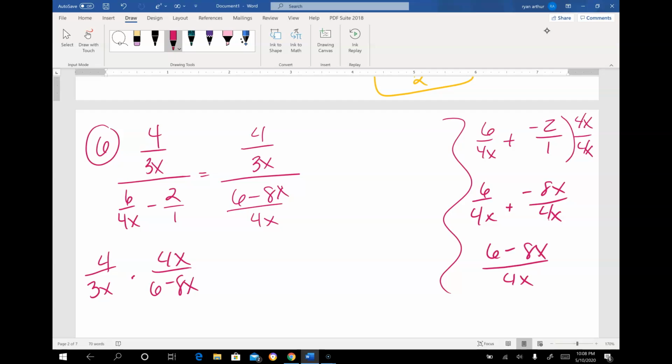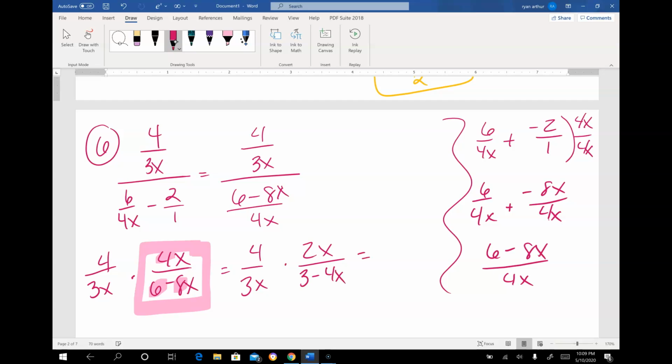So I can reduce this down. See how all the terms, remember I told you all the terms have to have something in common. The 4, the 6, and the 8 can all be reduced by 2, right? So that's 4 over 3x times, divide everything by 2, 2x over 3 minus 4x.